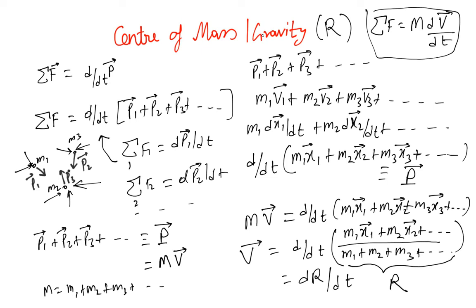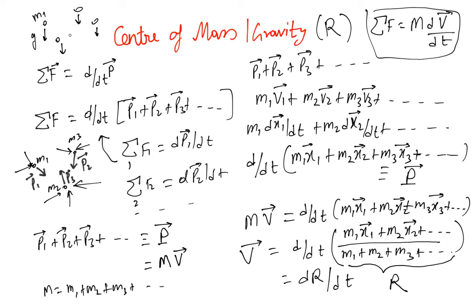Why is it called center of gravity? We understood this is the center of mass, so why is it called center of gravity? Let's say you have many masses, and all of them are being acted upon by gravity downwards. All these forces act individually, but in a combined way they can be written as follows.